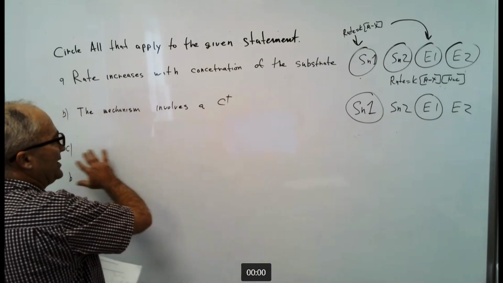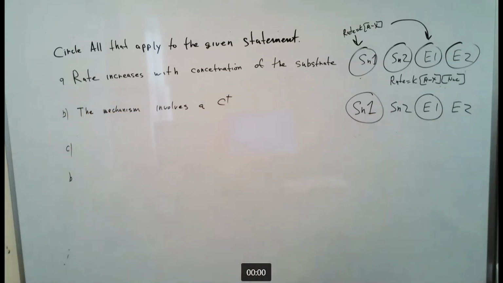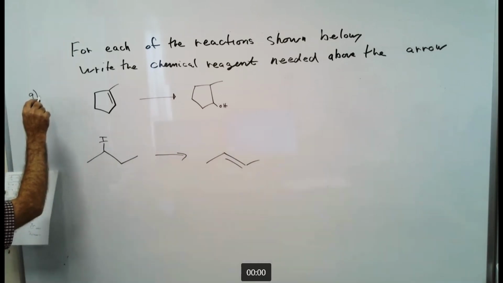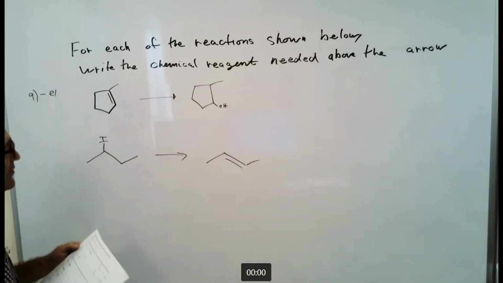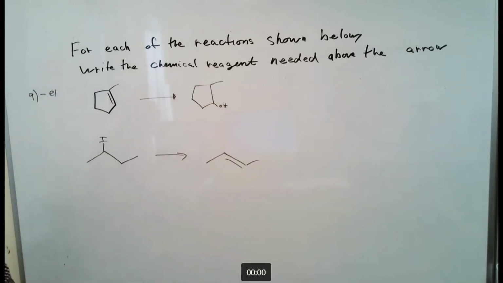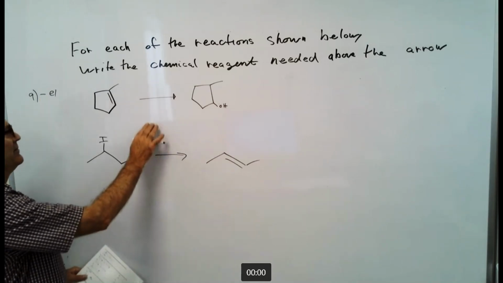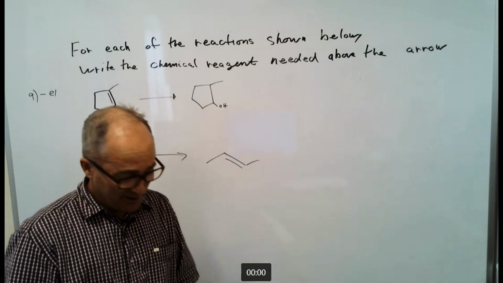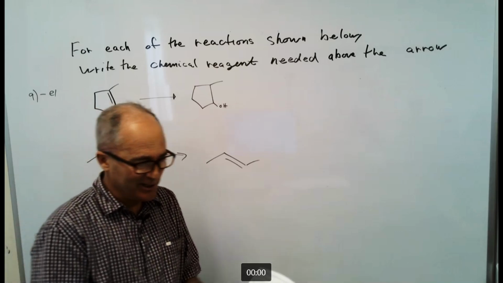All right, so a big long list. I think I about read every one to you. So there's A through E, five of these. So what do you think about this first one? Looks like anti-Markovnikov hydration of a double bond.